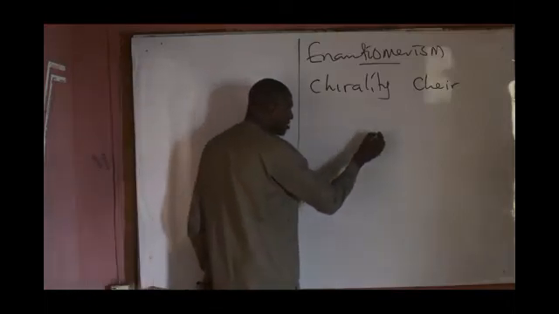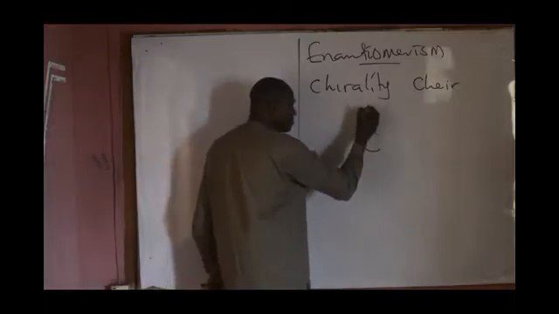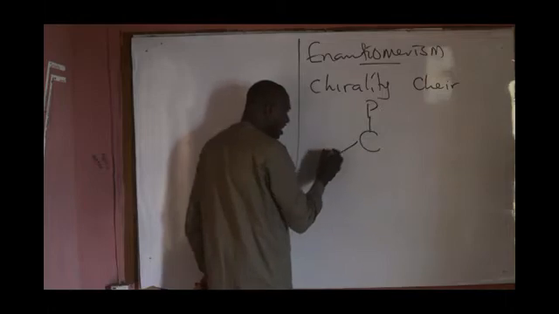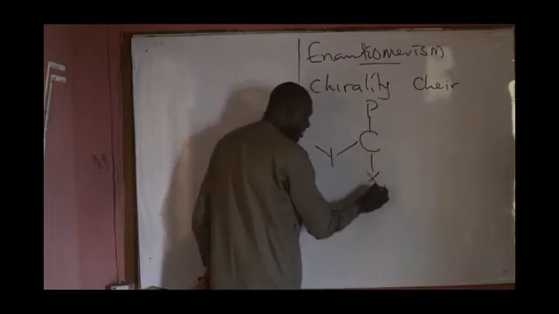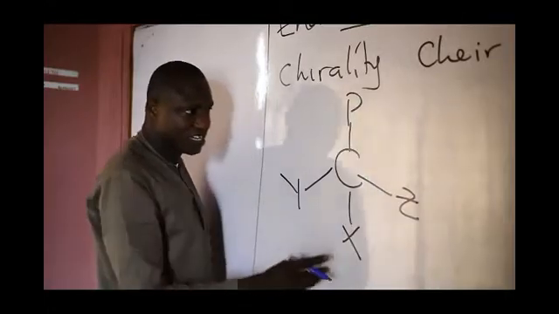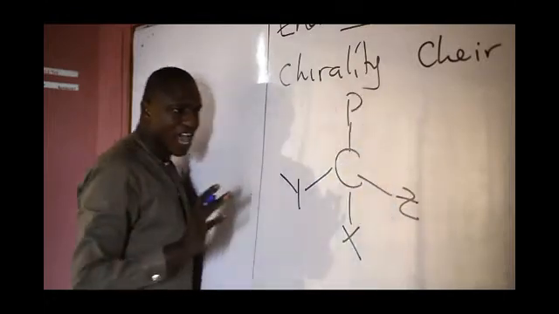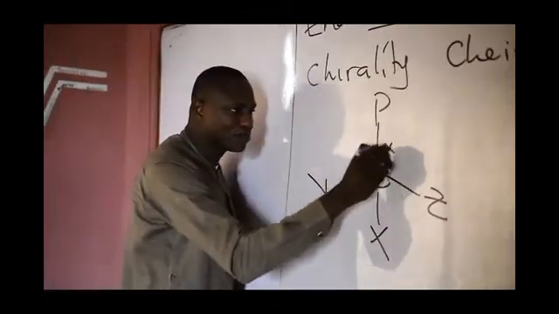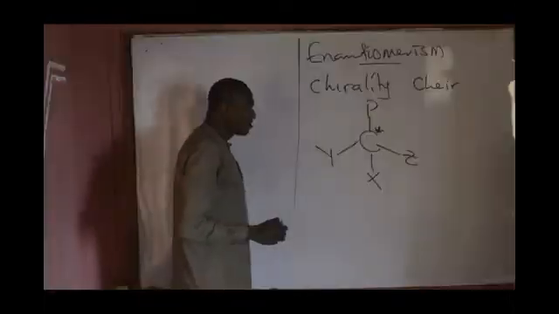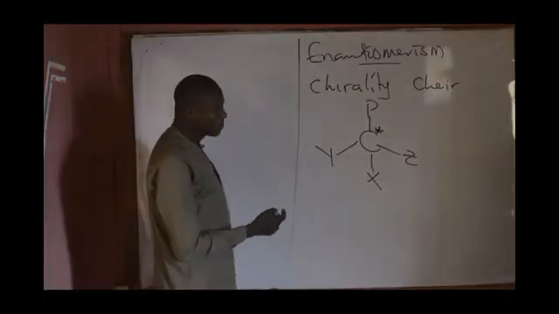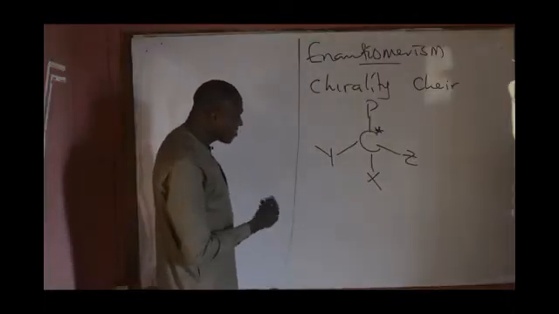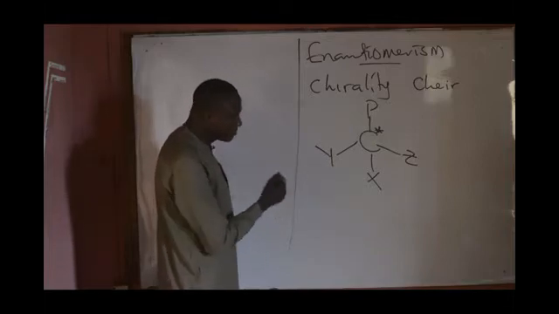For instance, if you have this carbon atom, you have a substituent P, another group Y, another group X, and another group Z. If all these groups are not the same, then we say this atom is a chiral carbon. We refer to it as a chiral carbon or chiral center. You can also call it an asymmetric carbon or asymmetric center.